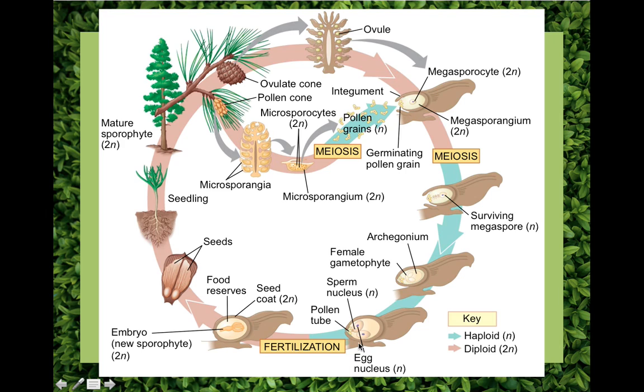And that new zygote will divide by mitosis to form our new sporophyte, our embryonic plant, surrounded by what's left of the megagametophyte, and that's going to develop into food reserves, or endosperm, and it's going to be surrounded by a seed coat, which is derived from this sporophyte up here.